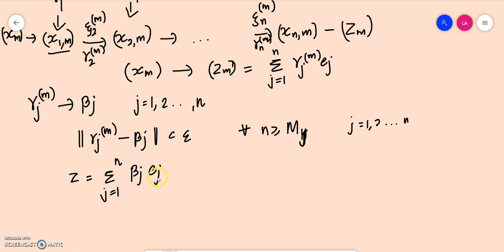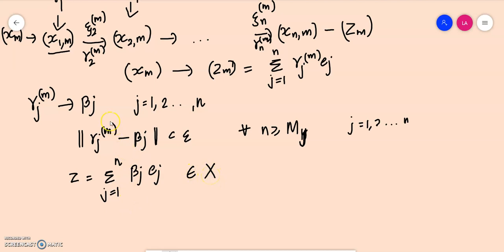Since it's a linear combination of e_1, e_2, etc., e_n, this element z should belong to the space X.